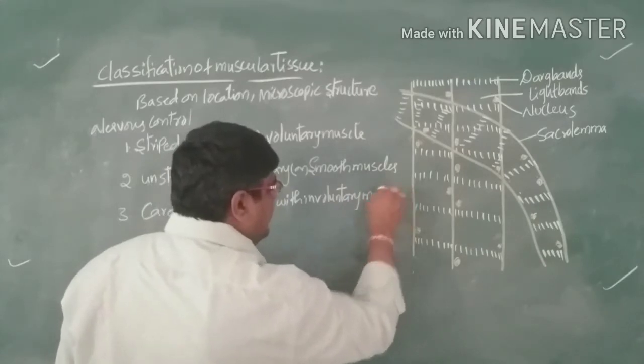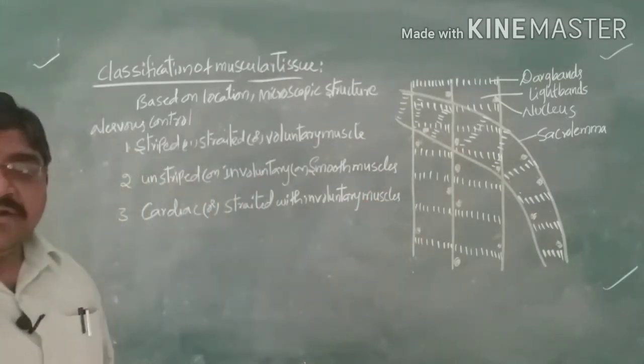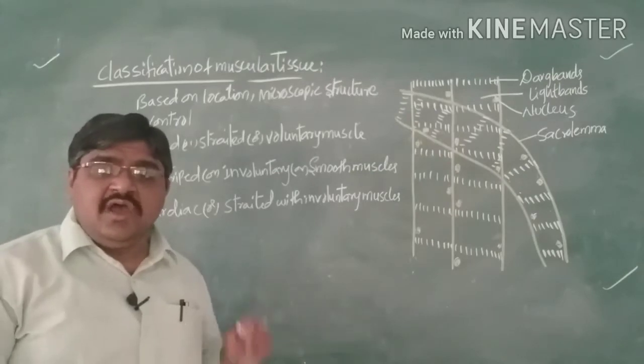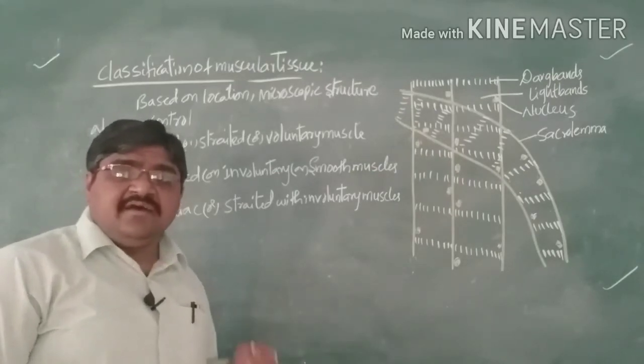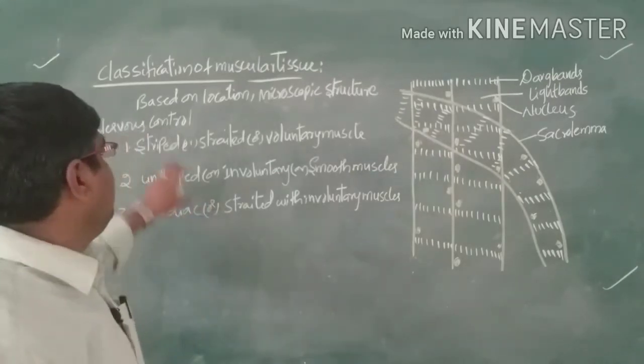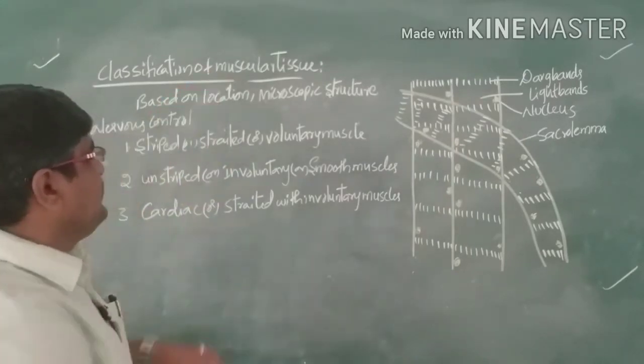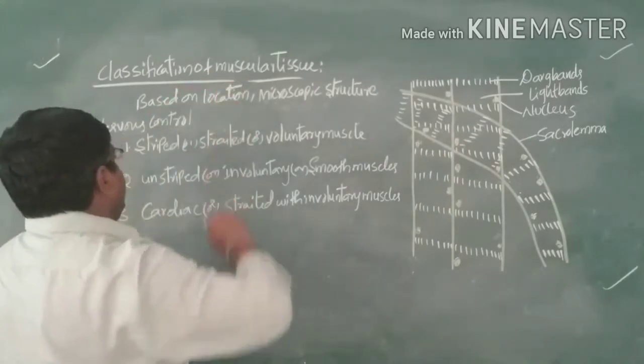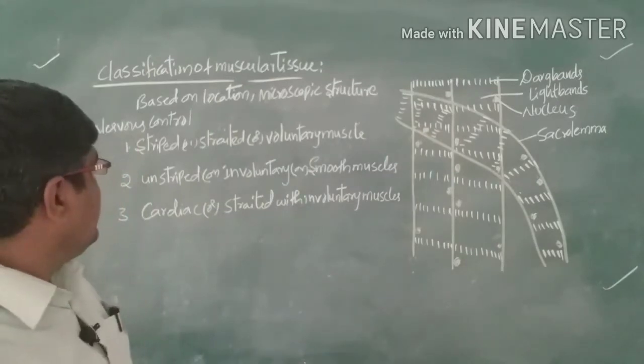So these are the three types of muscular tissues, classified based on their location, microscopic structure and also the nervous control.